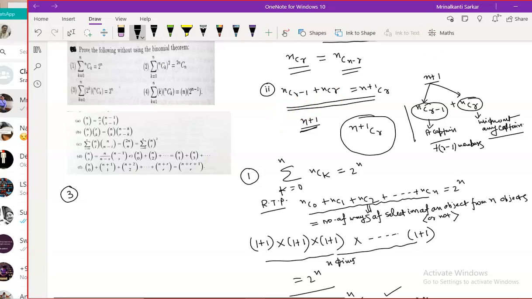Let me simplify in the beginning. This we are required to prove. So you need to think in different ways how to get it.